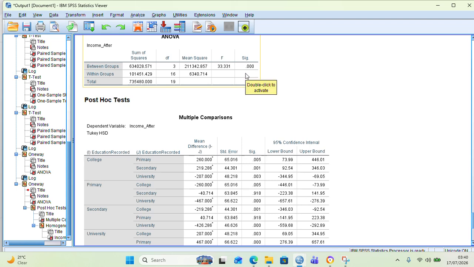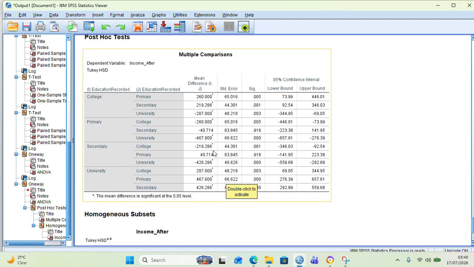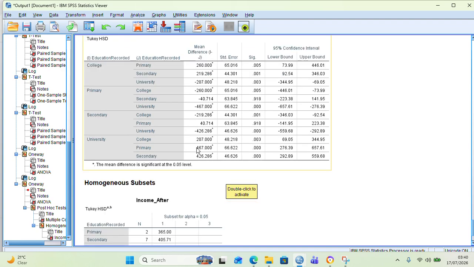There is a significant difference, and then we reject the null hypothesis, and now there is a difference, and then I've said that we proceed to post hoc to see where that difference appears. So you can see there is that difference between college and primary, college and secondary, and like that.